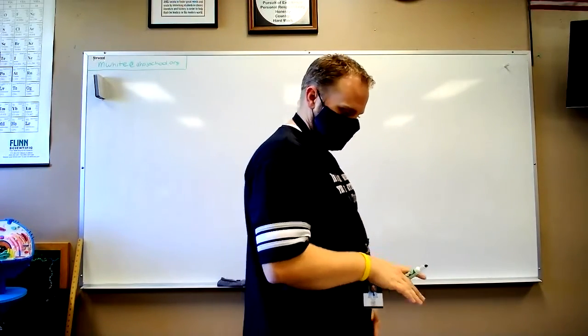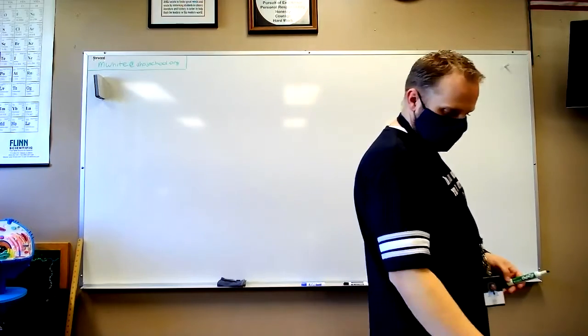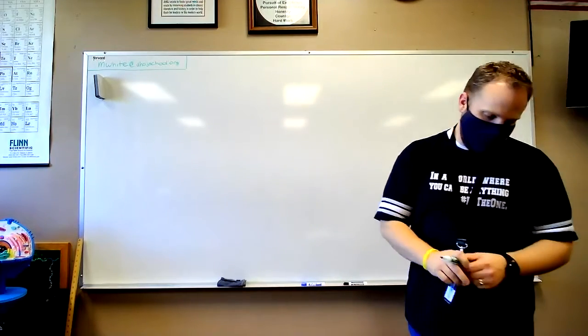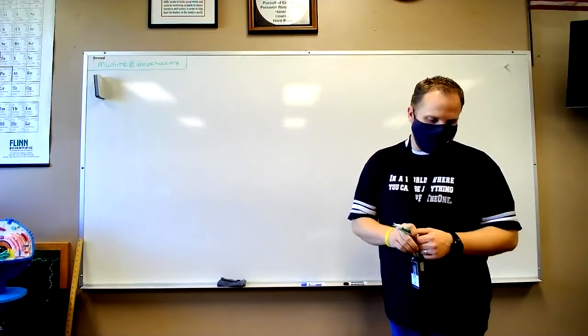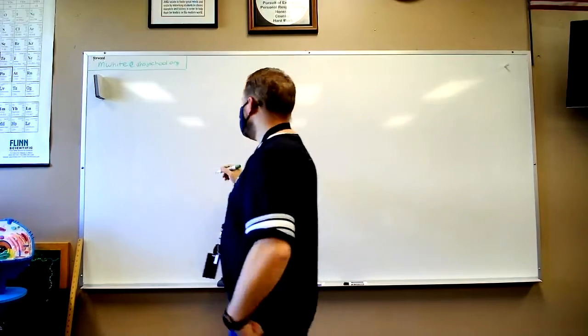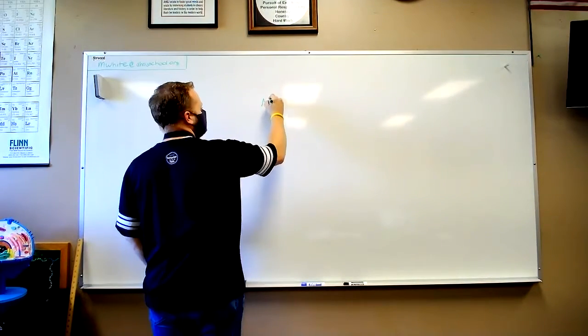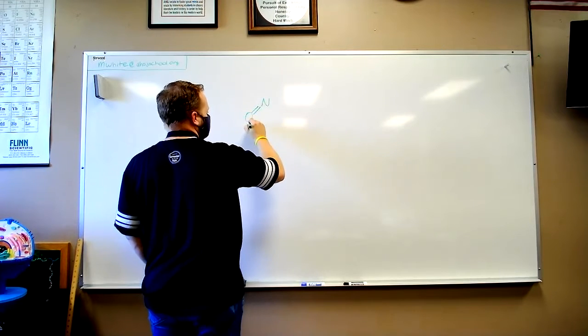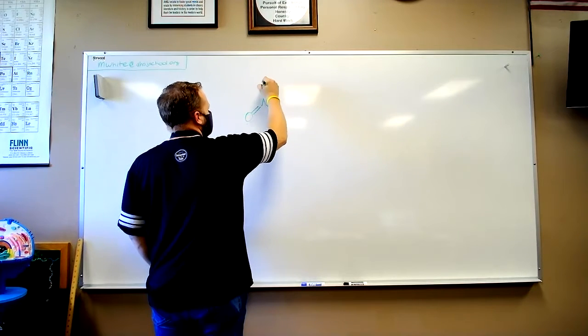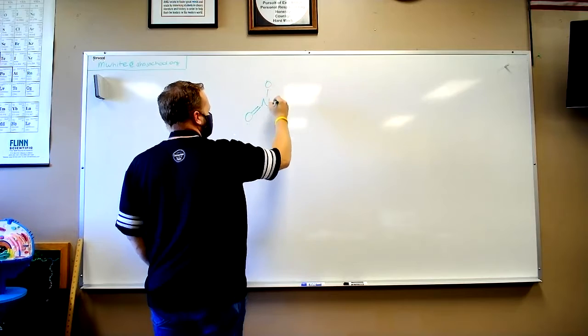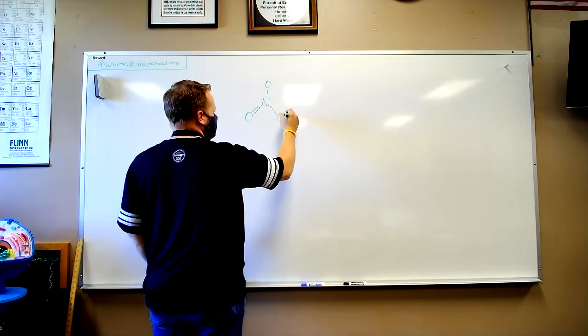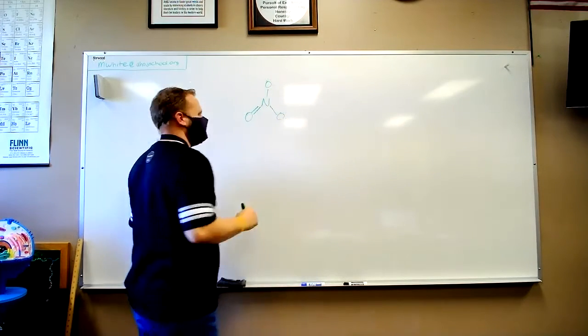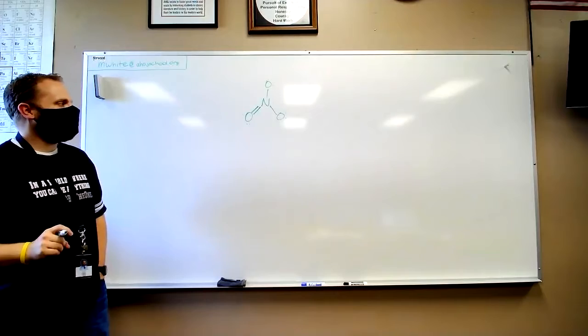And it gives us resonance structures here on the top of 258. And it's NO3. Now, if we draw the Lewis structure for this, what we end up with is going to look something like that.